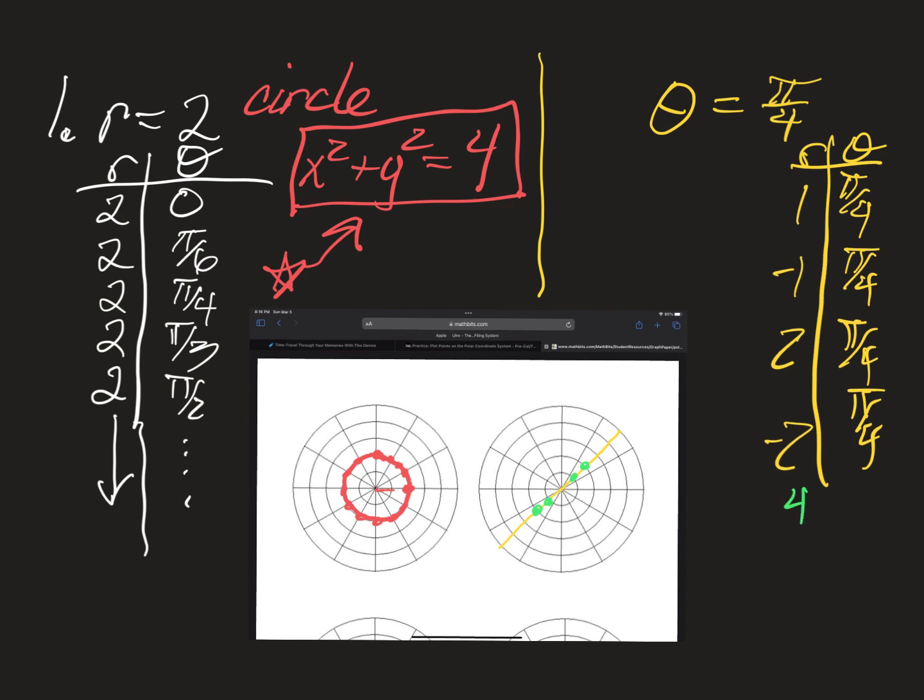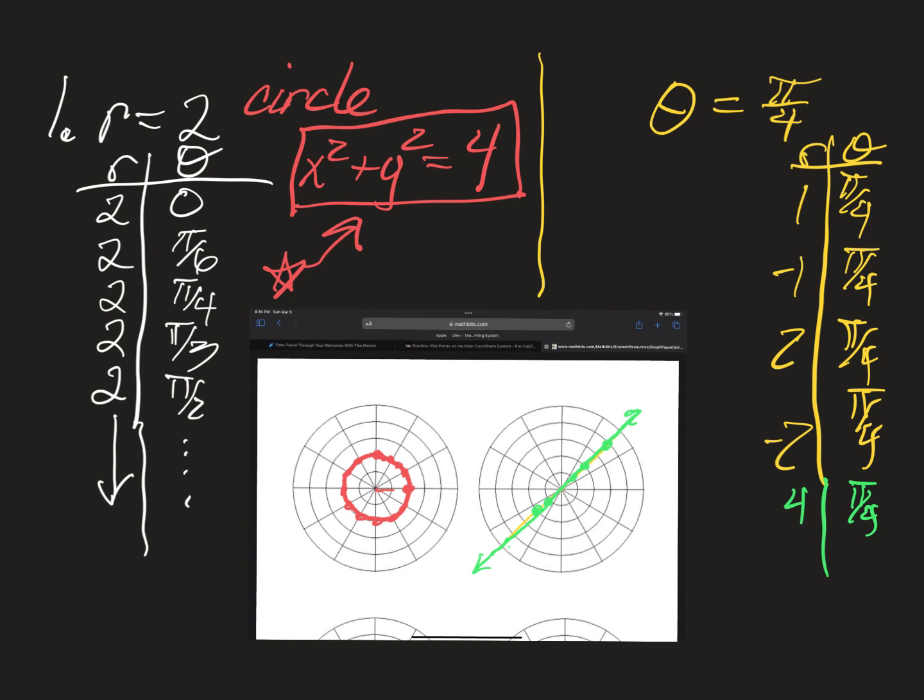And we could have had 4 pi over 4 like this. What are we going to get in this case? We're going to get a line through the origin that goes on the terminal side of the angle. It's right on that terminal side.